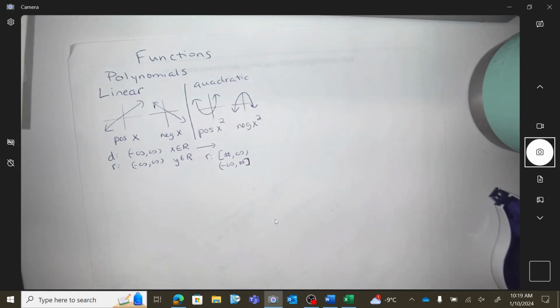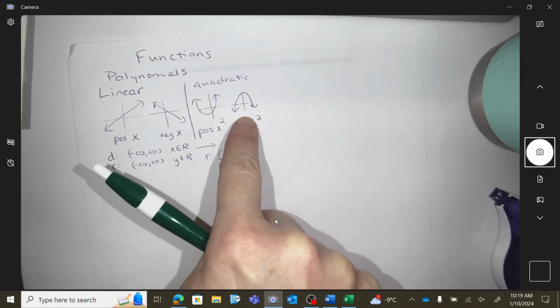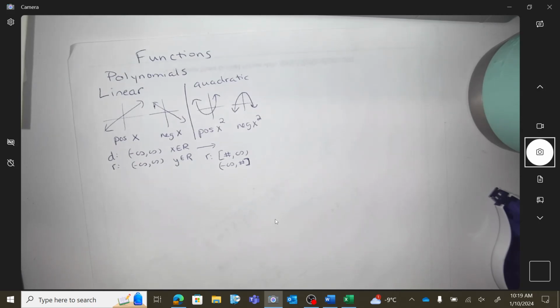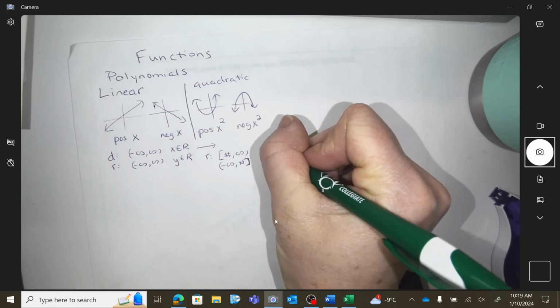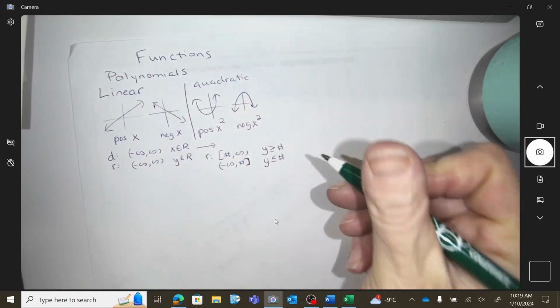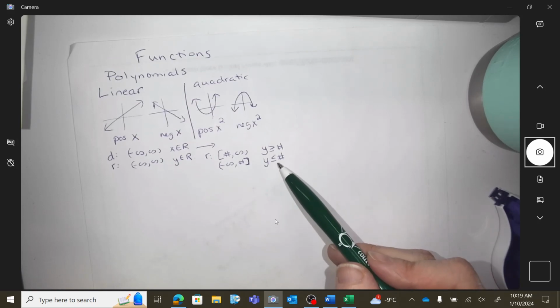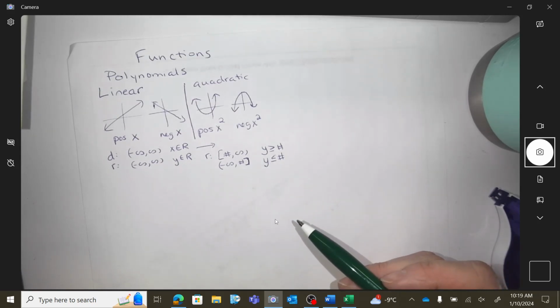Depending on how it's positioned. A number and up, this is negative infinity to a number. So y is above or equal to a number, or y is below or equal to a number.